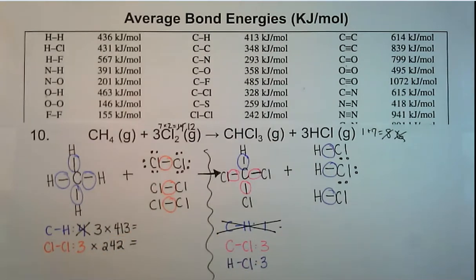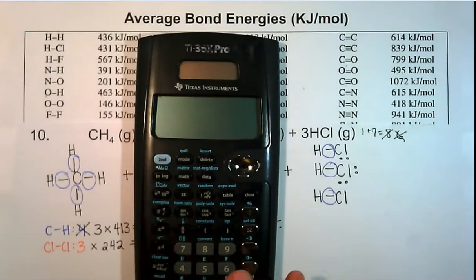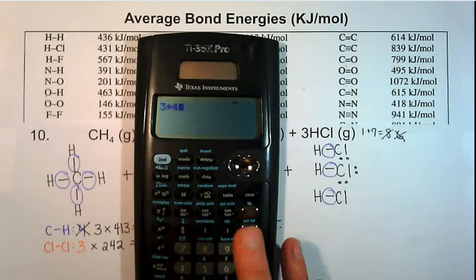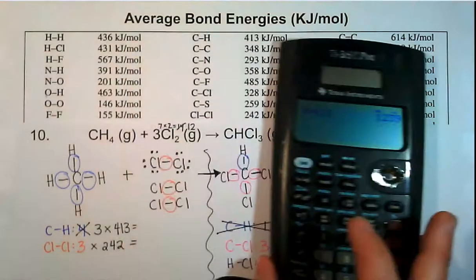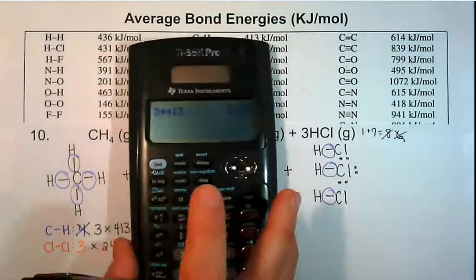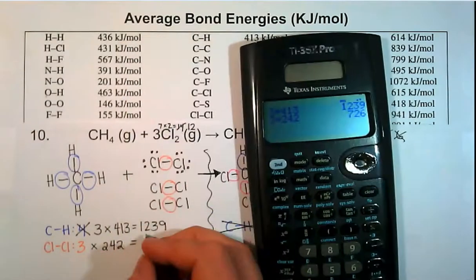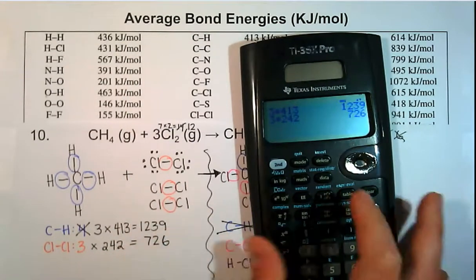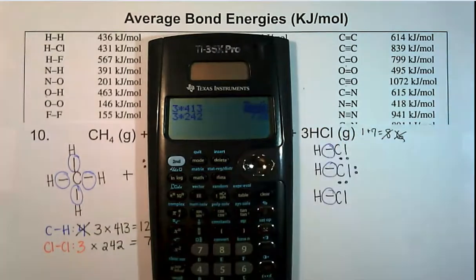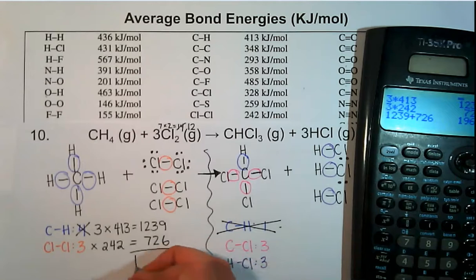So let's get some answers here. 3 times 413 is 1239. And then 3 times 242 gives us 726. And if we add those two answers together, our total for our reactants is 1965.